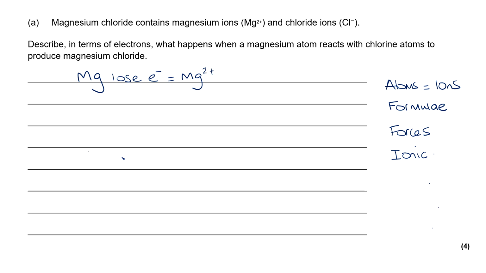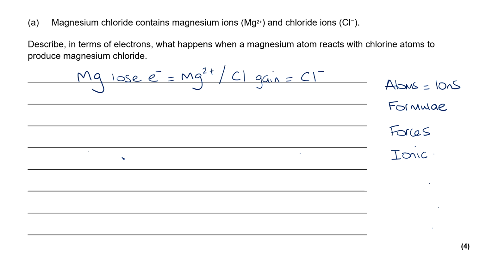That's because it has more protons now than electrons. And then chlorine, being a non-metal, will gain an extra electron to get a full outer shell. And so in this case it becomes Cl negative because it's got now one more extra electron than proton.